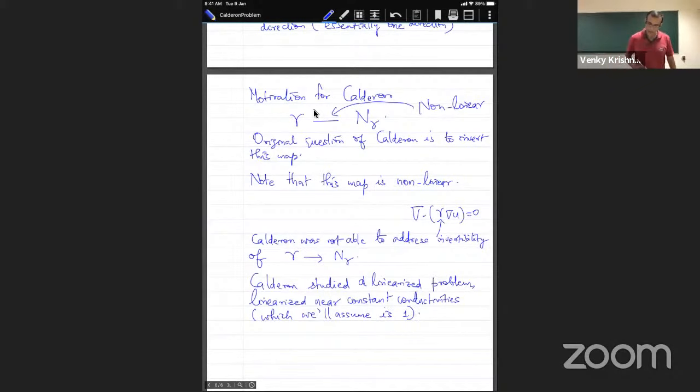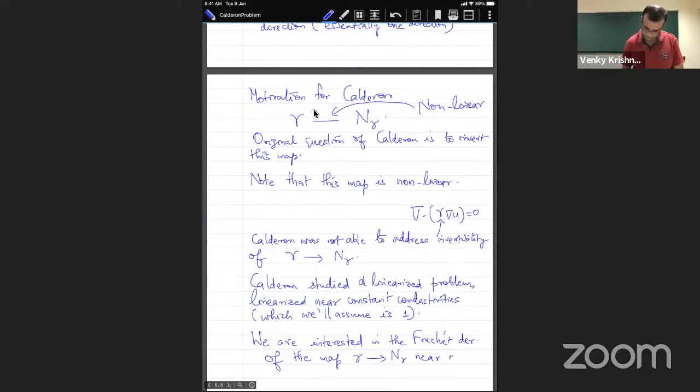Or in other words, what we are interested in is the Frechet derivative of the map gamma going to n gamma near gamma equal to 1.